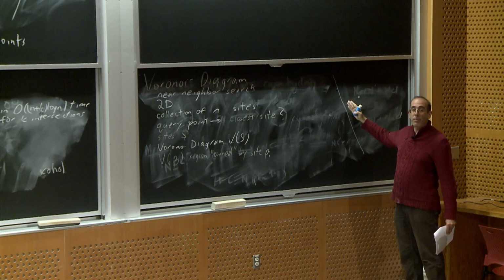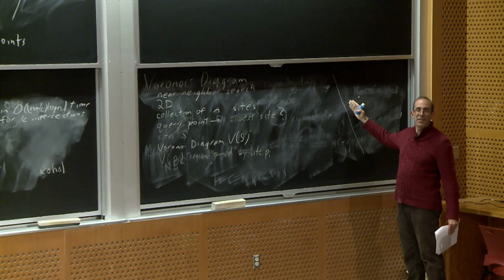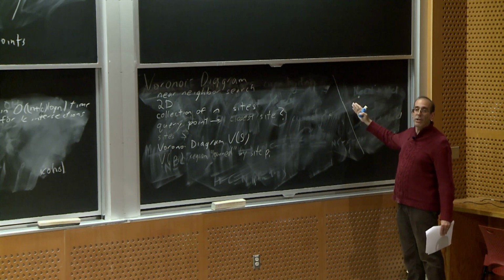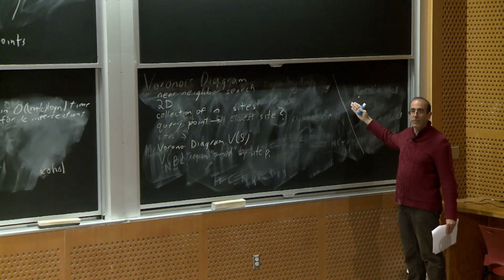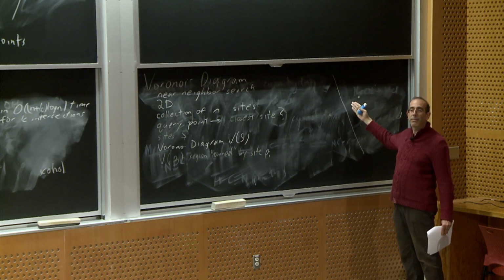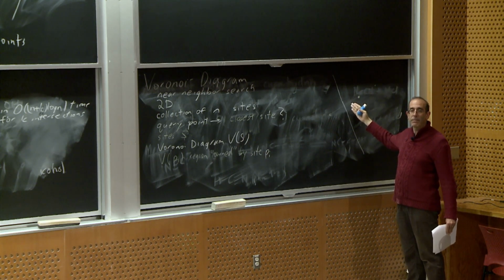Now, each of those being on your side of the perpendicular bisector, that's a half space, right? And so the Voronoi region for each point is going to be an intersection of half spaces. And it's therefore going to be a polytope and a convex one.